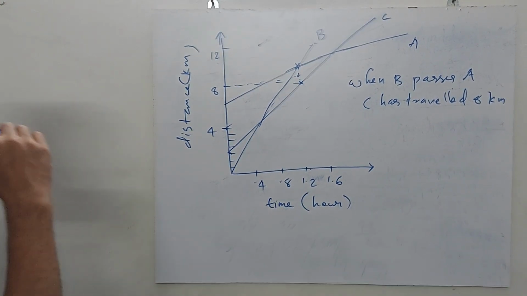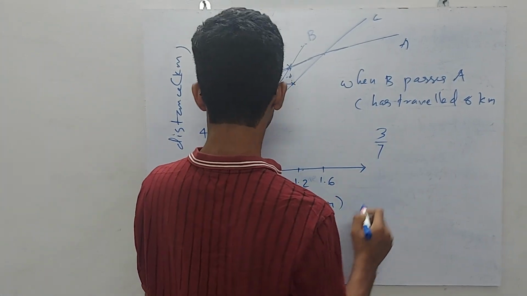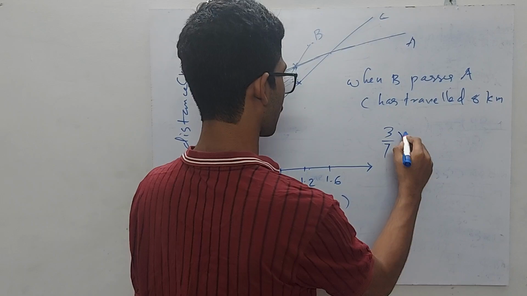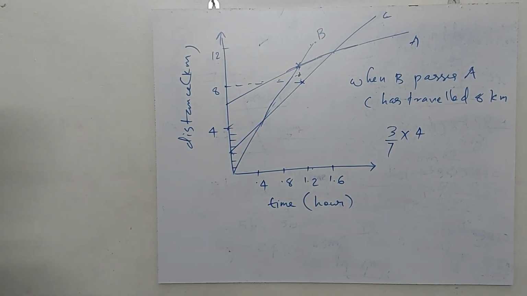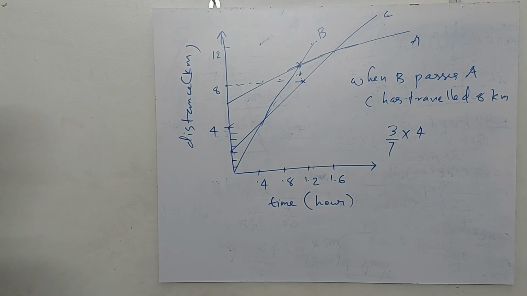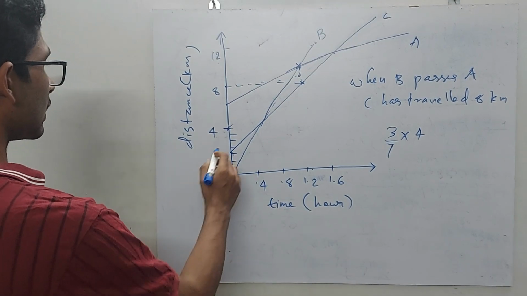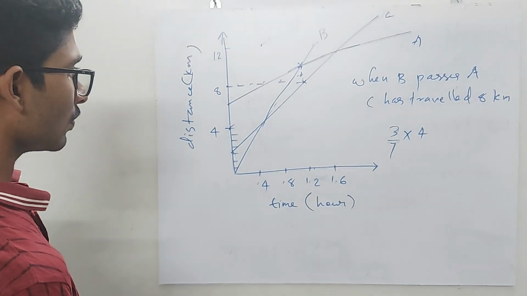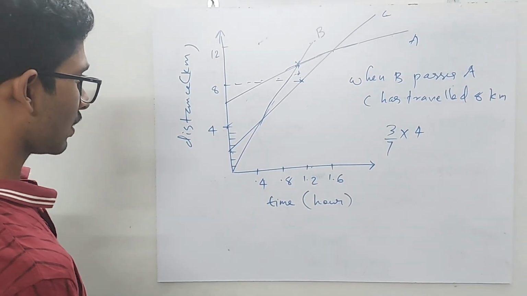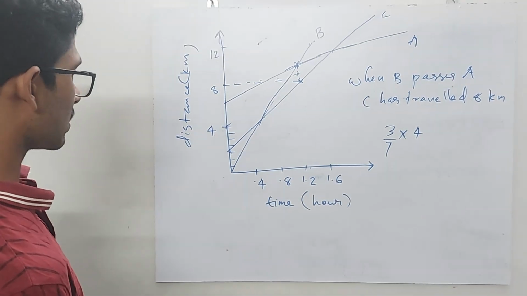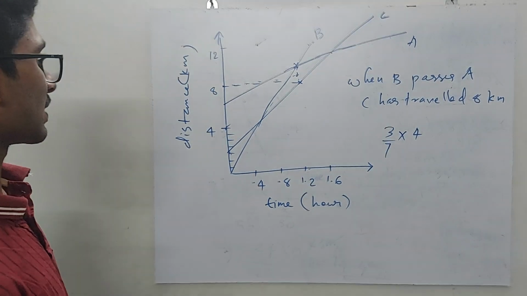So that would be 3 by 7 of 4, right? 4 is divided into 7 units, and in that the third unit, isn't it? How much would it be? Around 12 by 7. 12 by 7 is like 1 point something. Okay, it's slightly under 2 kilometers.